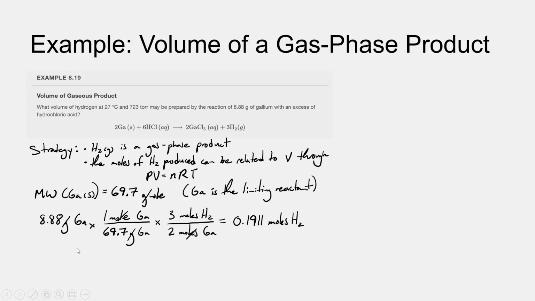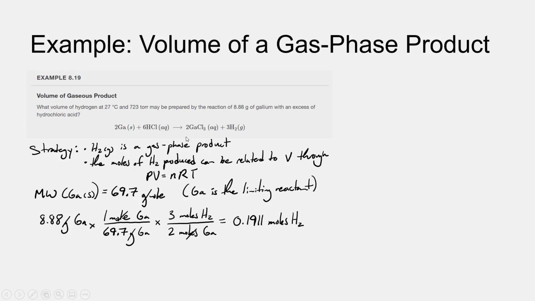So I'm going to first convert the grams of gallium to moles of gallium by dividing by the molar mass. Once I know the moles of gallium, which is the limiting reactant, I can predict how many moles of hydrogen gas I'm going to make based on the reaction stoichiometry. So 8.88 grams of gallium divided by 69.7 grams per mole gives us the moles of gallium that enter the chemical reaction.